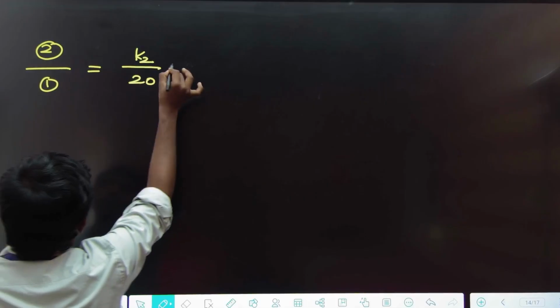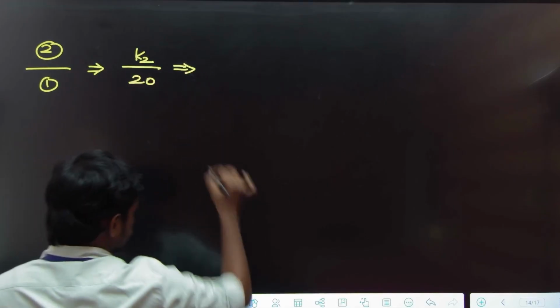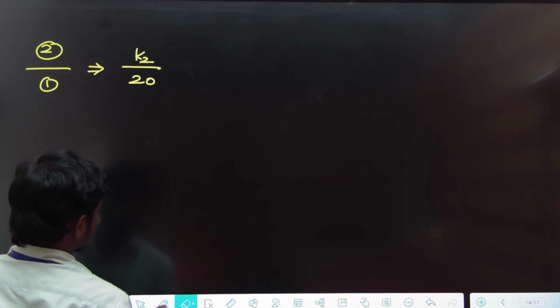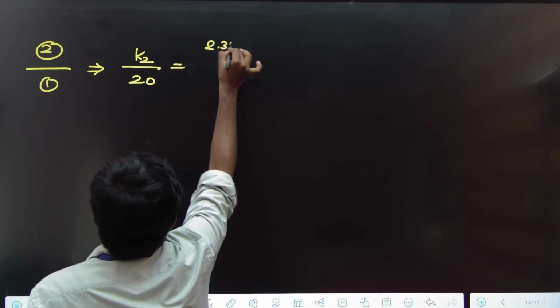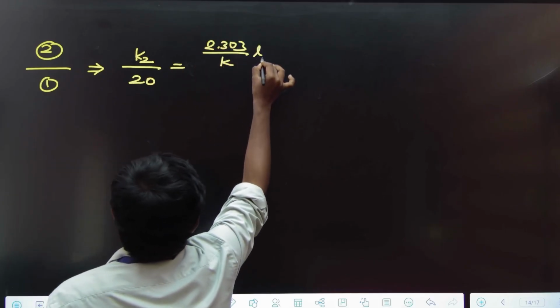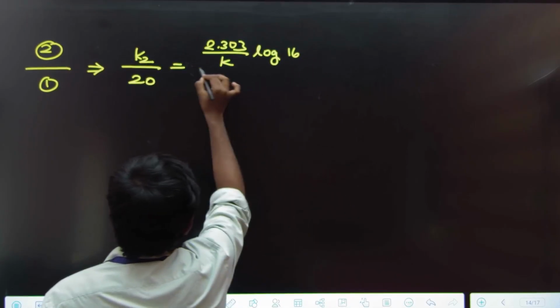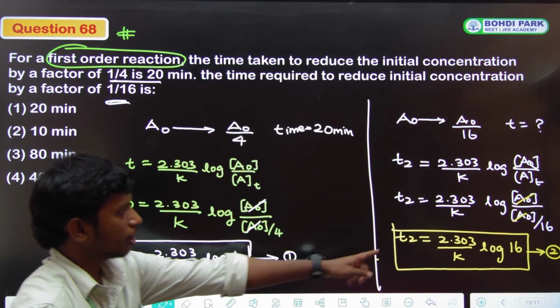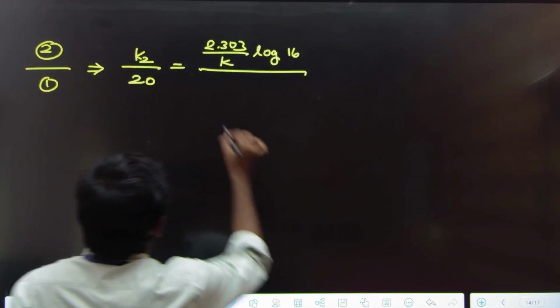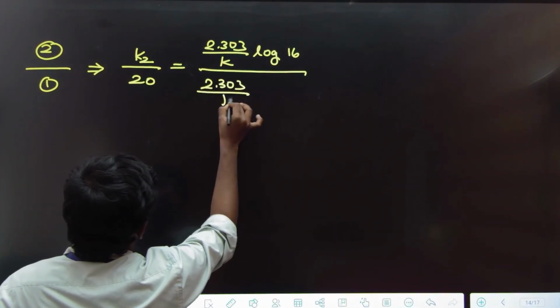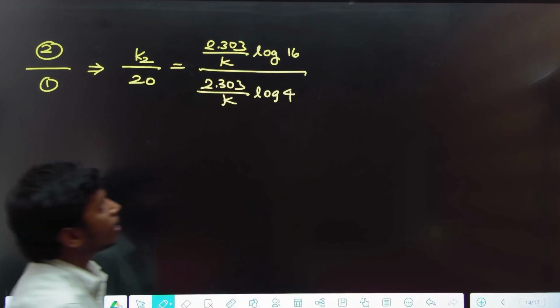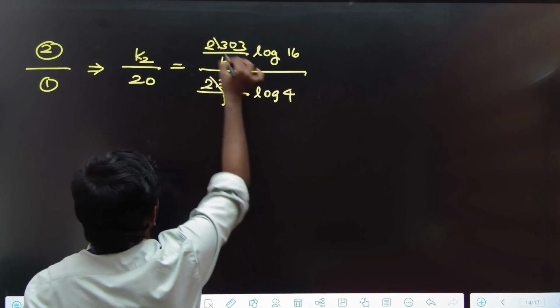I am just dividing equation 2 by equation 1. So I am getting t2 divided by 20 is equal to 2.303 divided by K log of 16, divided by 2.303 divided by K log 4. The common terms cancel each other.